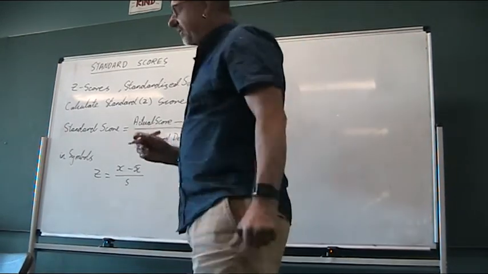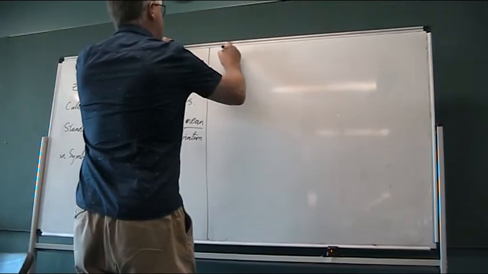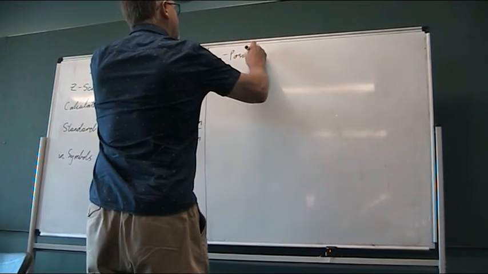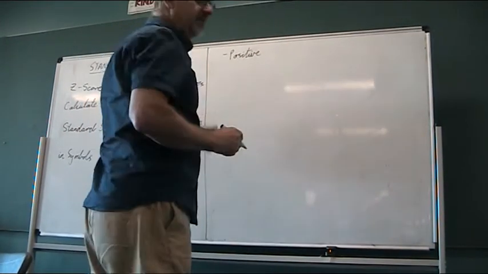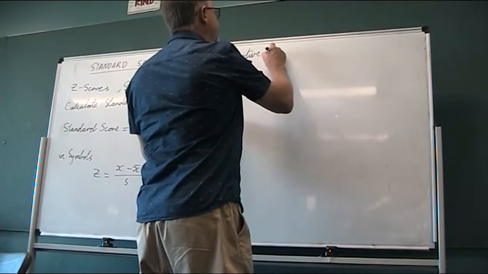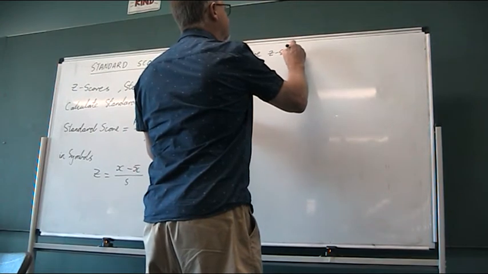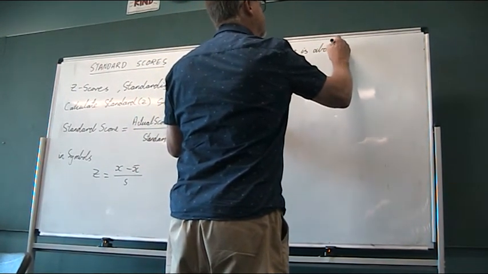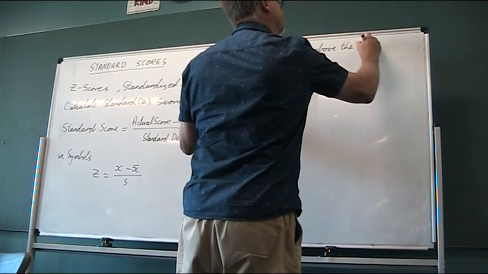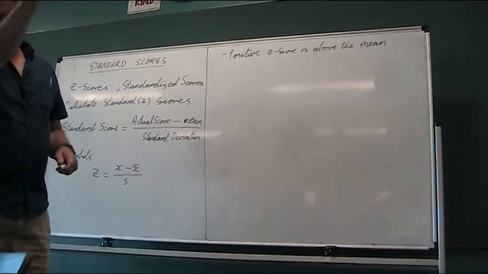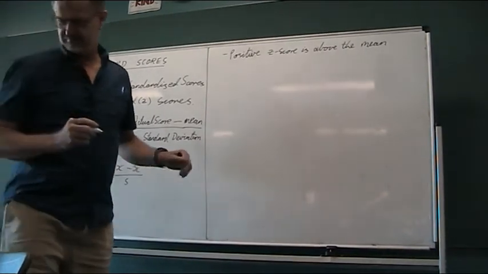A positive Z score means that you're above the mean, and the bigger that number is, the further above the mean you are.